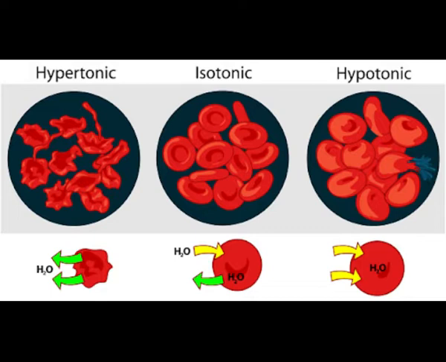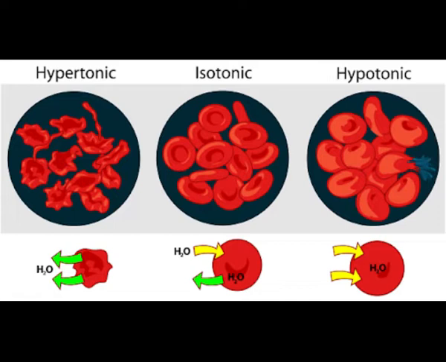Next comes hypotonic. Hypo means less or lower. In this condition, the solution outside the cell has a lower solute concentration than the fluid inside the cell. As a result, the water molecules from outside will move into the cell, called endosmosis. That is what we call hypotonic. If the solution is hypotonic, endosmosis will be seen.